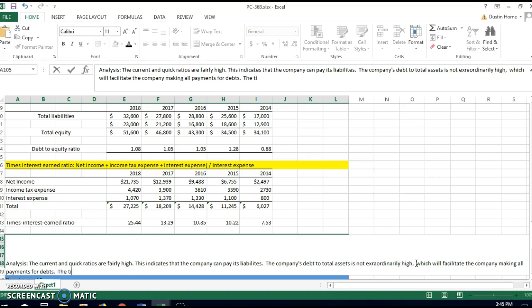The times interest earned has increased from 2014 to 2018, which is favorable. I didn't make that fit exactly.